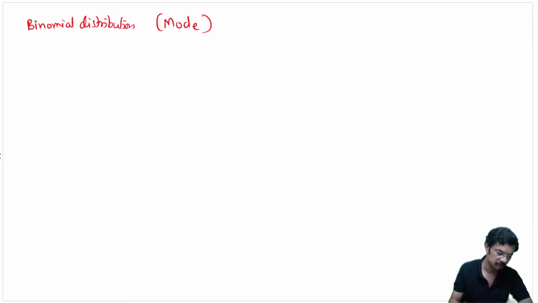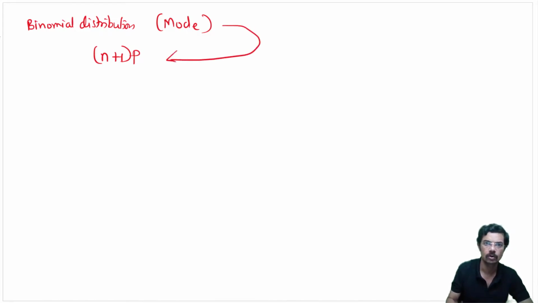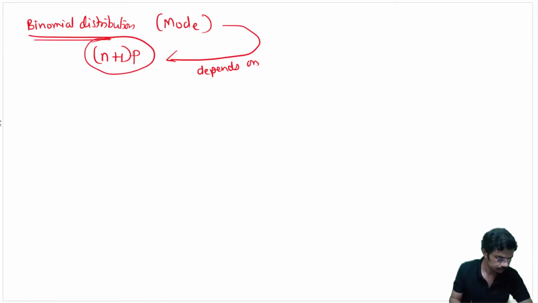The mode of a binomial distribution depends upon the value of (n plus 1) into p. So now we shall discuss the different cases.